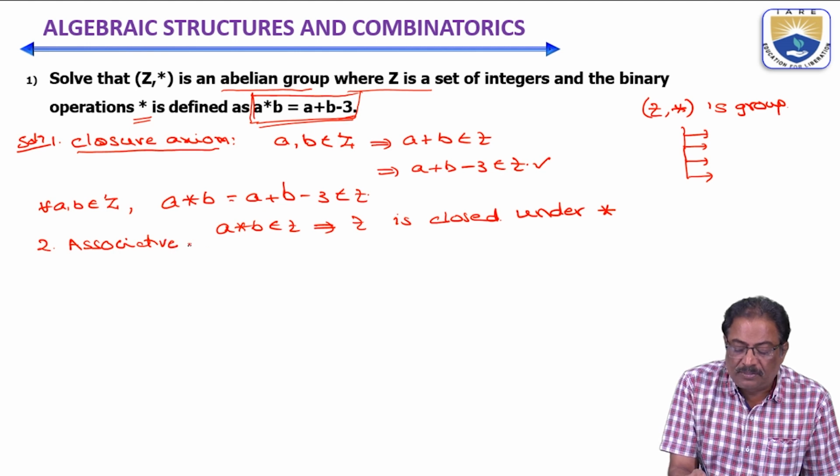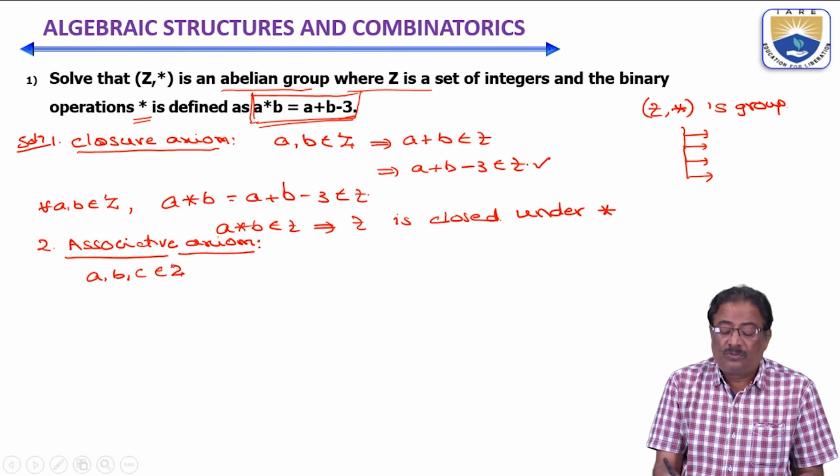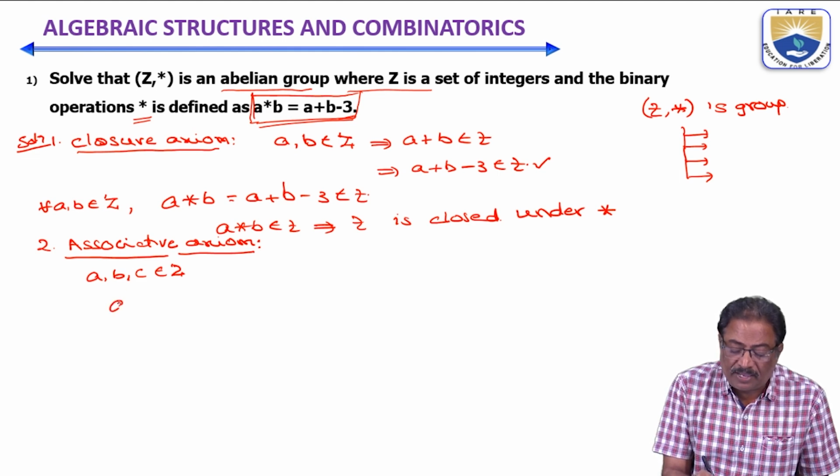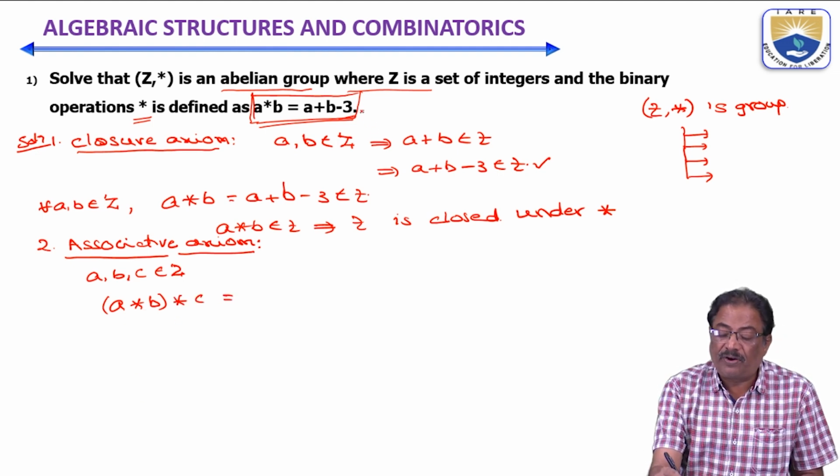Associative property. For that, we are going to consider any three elements. Let us say A, B, C belong to Z. Then we take (A star B) star C, where the binary operation is defined like this.